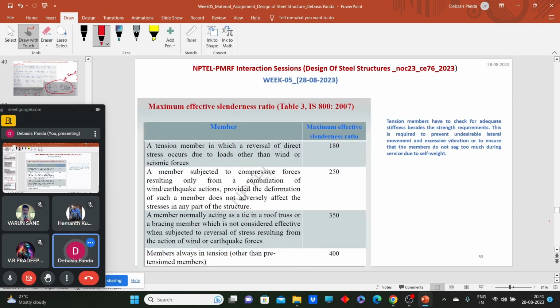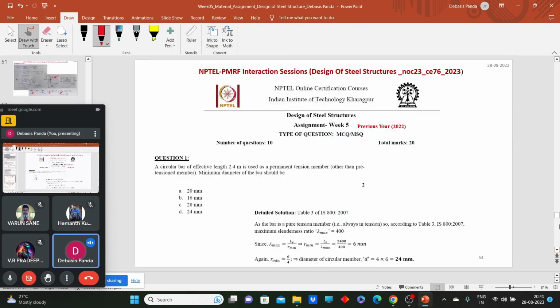Now, let's quickly solve some examples or assignments regarding previous year questions. Do you have any questions regarding the concepts I have covered: the design tensile strength, how we can calculate it for a plate section and for an angle section, how we can calculate the design strength for a bolted joint and for a welded joint, how we can calculate the design strength when staggered bolting is there, and how we can design this kind of connection?